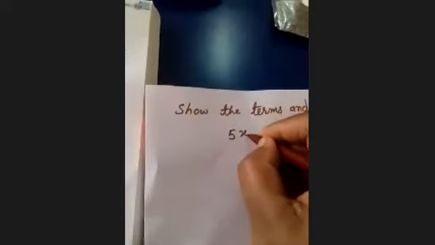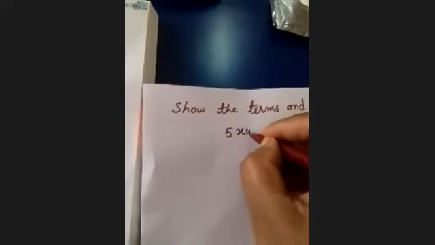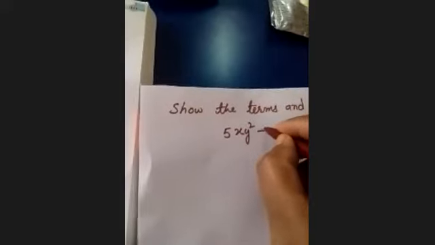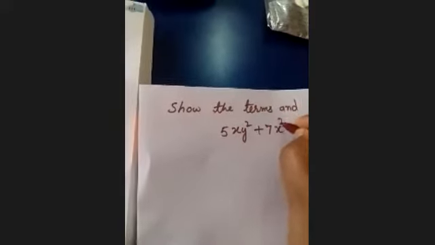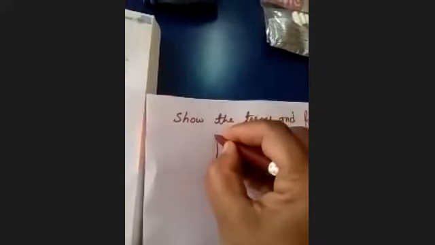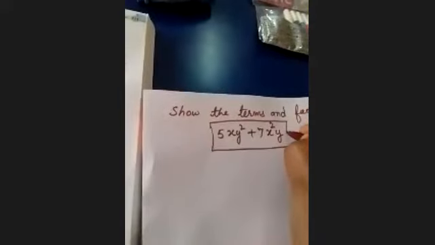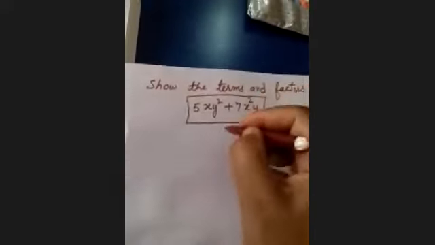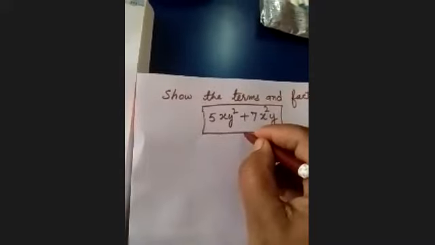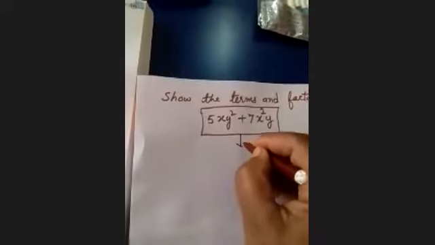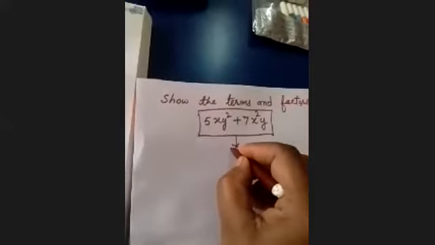Now we have an algebraic expression 5xy square plus 7x square y. This is our algebraic expression. Now show the terms and factors with the help of a tree diagram. First we will separate the terms.